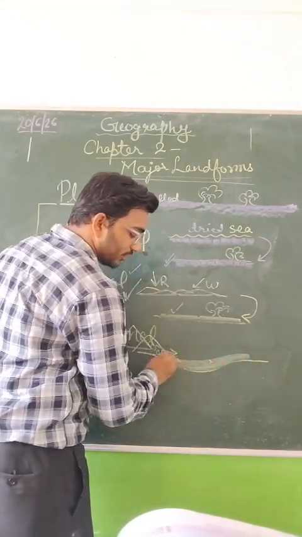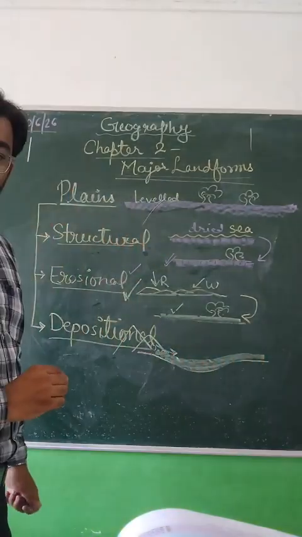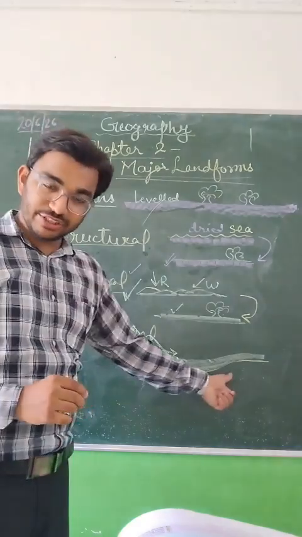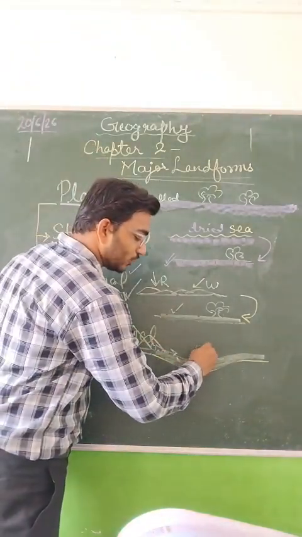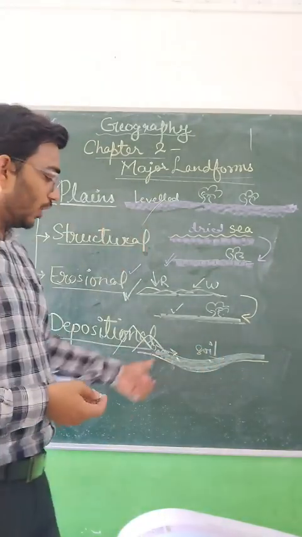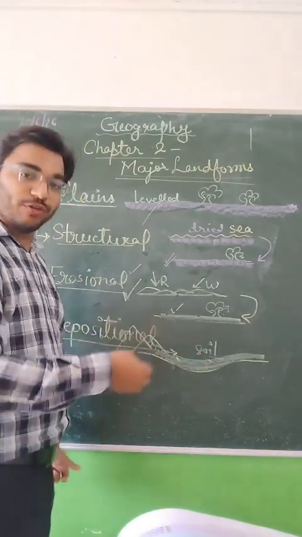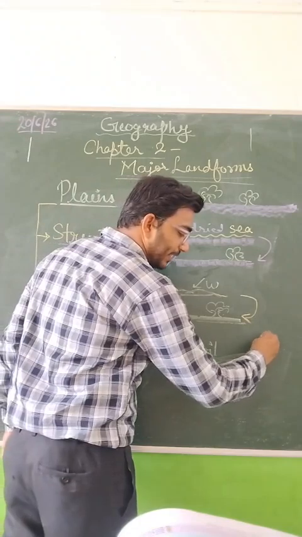Over hundreds of thousands of years, this depression would be filled. Earlier it was a depression, but now it is filled with soil, that is mud and sand. Over time this place will be called a plain.